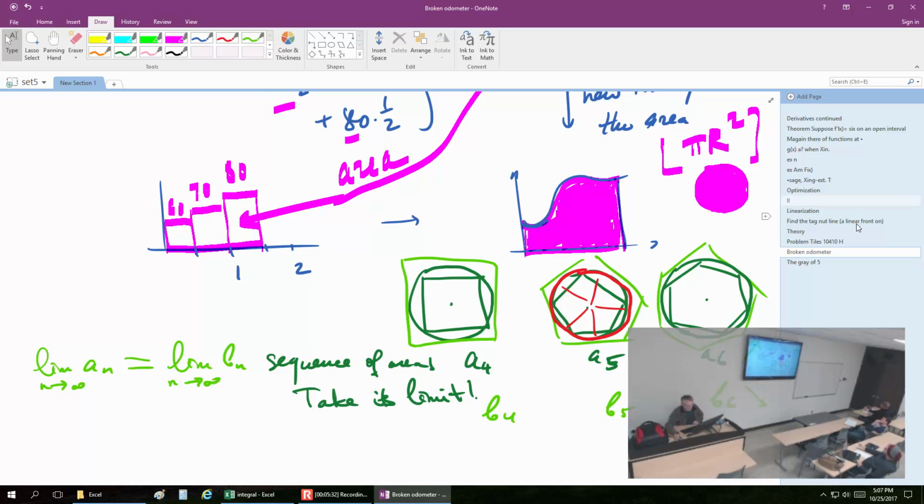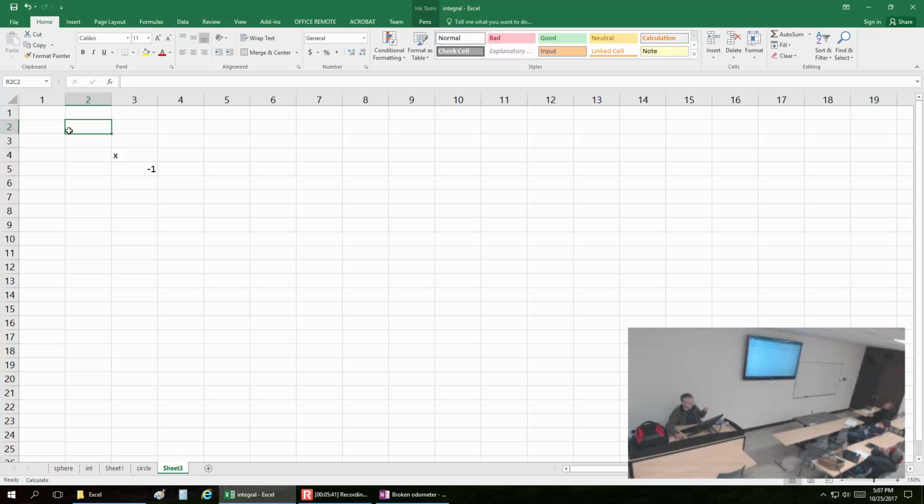Then we want to be able to improve our approximation better and better. So I'll start with n equal 10 intervals. I will approximate my semicircle with 10 bars.